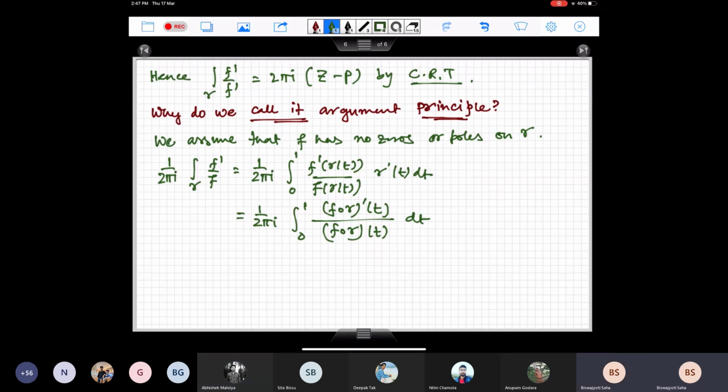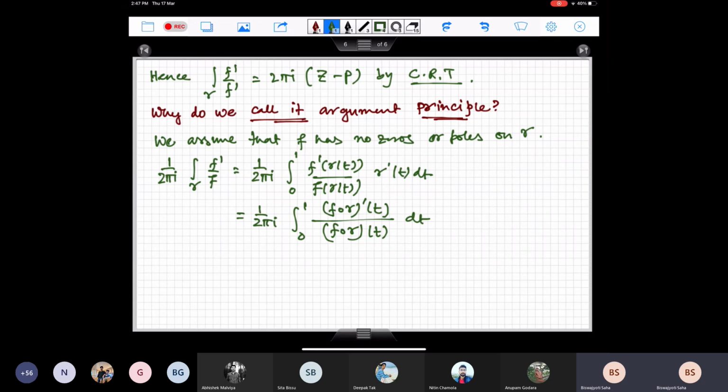Now, what did I say? This integrand is (f composed with gamma) prime divided by (f composed with gamma), and this has a primitive, which is the log. When you take the log of f composed with gamma and think of its derivative, it is (f composed with gamma) prime divided by (f composed with gamma).